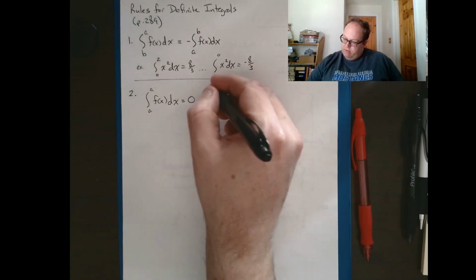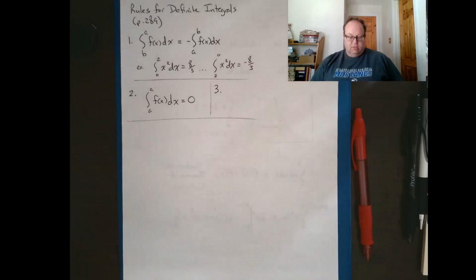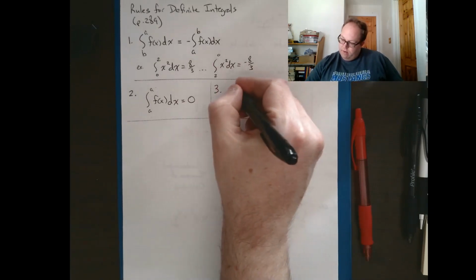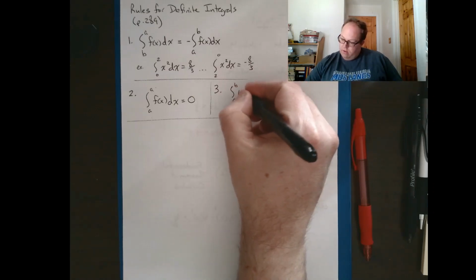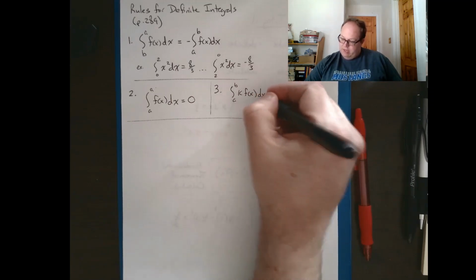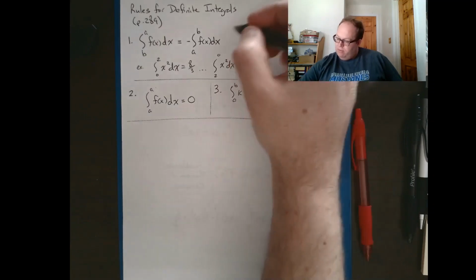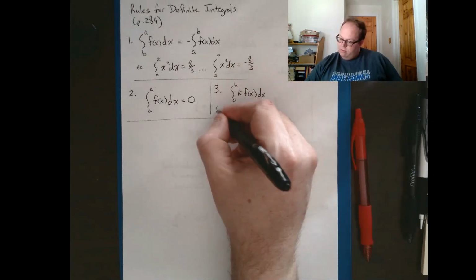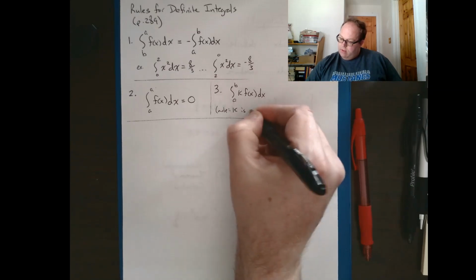I might go over here for number 3. 3 is sometimes referred to as a constant multiple rule. So if I have some constant times f of x dx that I'm integrating, and I should point out here someplace along the way that k is a constant.